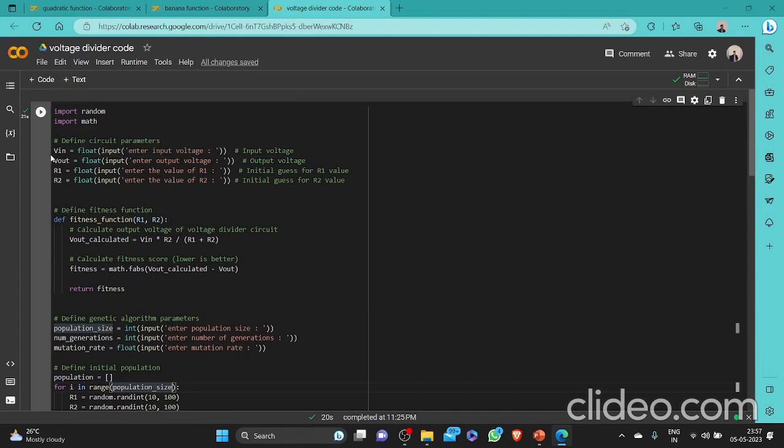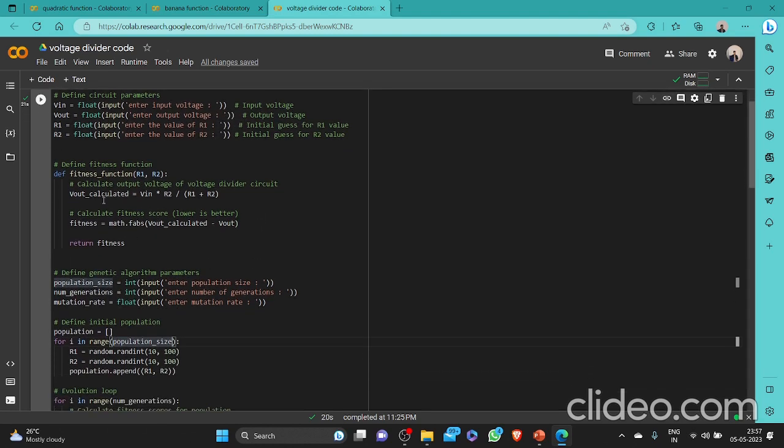In this, we will give an initial guess for input voltage, output voltage, and R1 and R2, which means we will give the input voltage and desired output voltage, and an initial guess for R1 and R2 resistors.